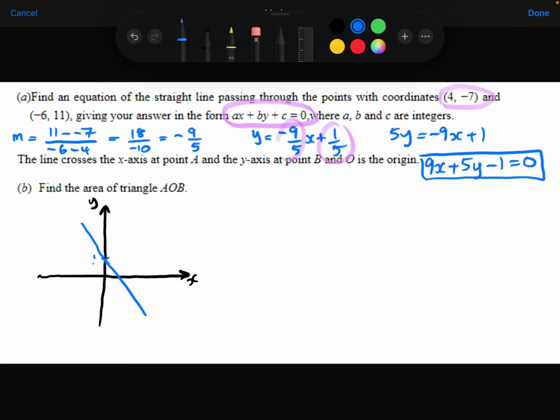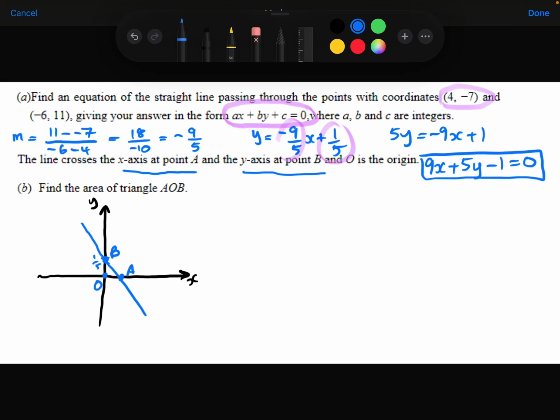where this was 1/5. Right, we were told that the line crossed the x-axis at point A. So here's point A. It crossed the y-axis at point B. So this is point B. O is the origin.